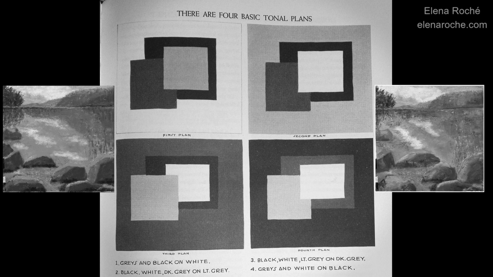You can see that the darkest grays are taking up the majority of the space in the composition of this painting. The darkest darks are but little accents here and there, taking up the least amount of space.